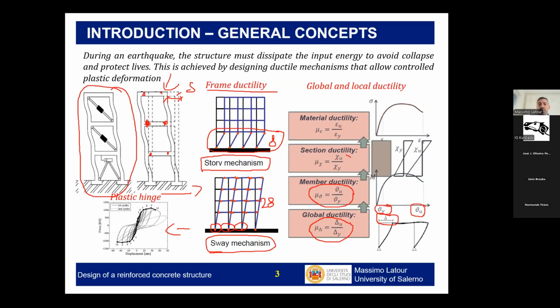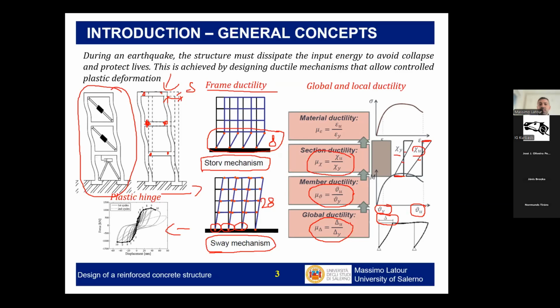But this will be dependent on the ductility of the cross-section that will be regarded as the ratio between the curvature, that is the slope of the strain diagram here, in the ultimate condition, so when the concrete, for example, is failing, and the curvature that we have at the yield condition. So, for example, when the bar is first yielding.